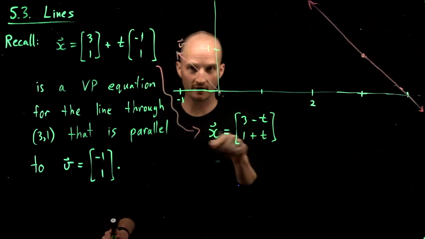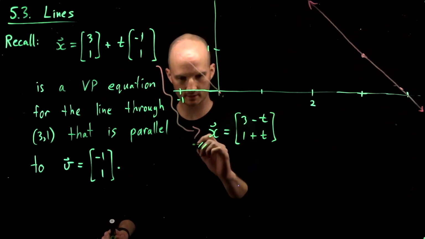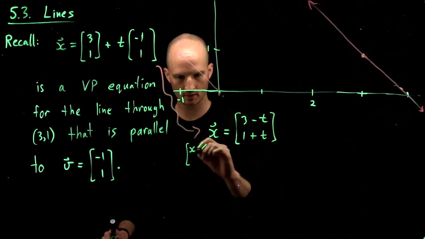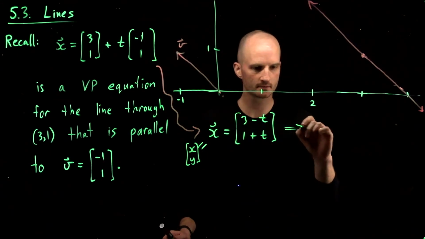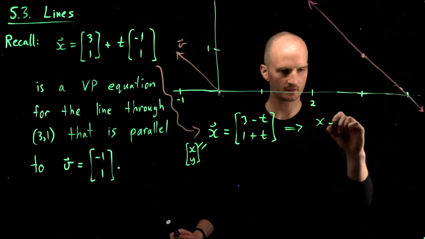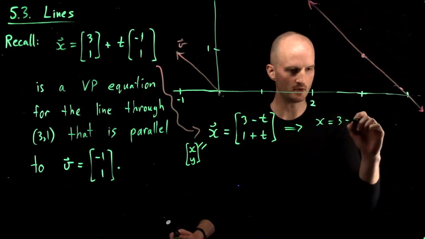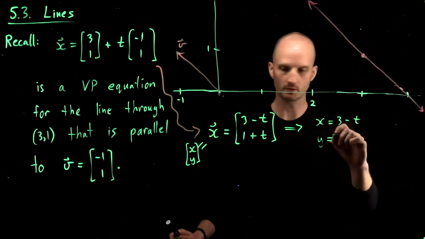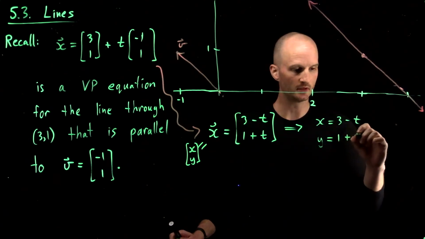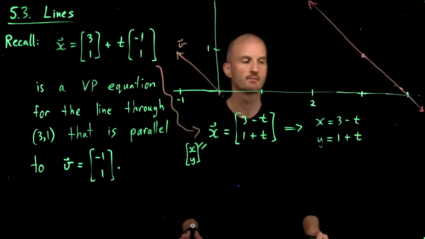And then remember that our vector x is in fact usually written as x, y. So we get x is equal to 3 minus t, x without the arrow on top, and y is equal to 1 plus t.